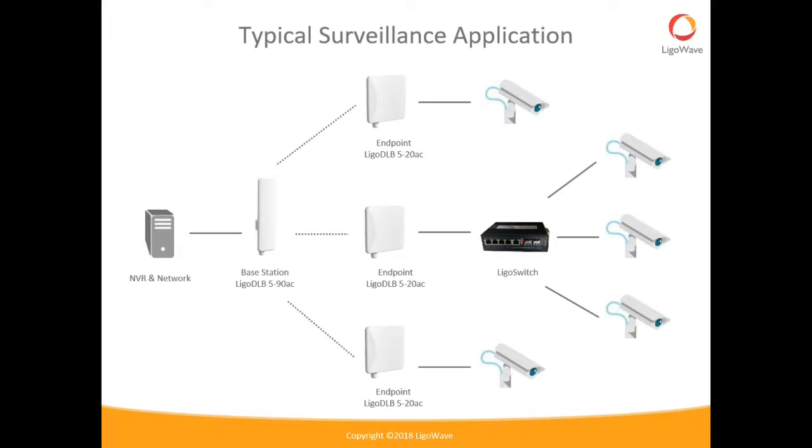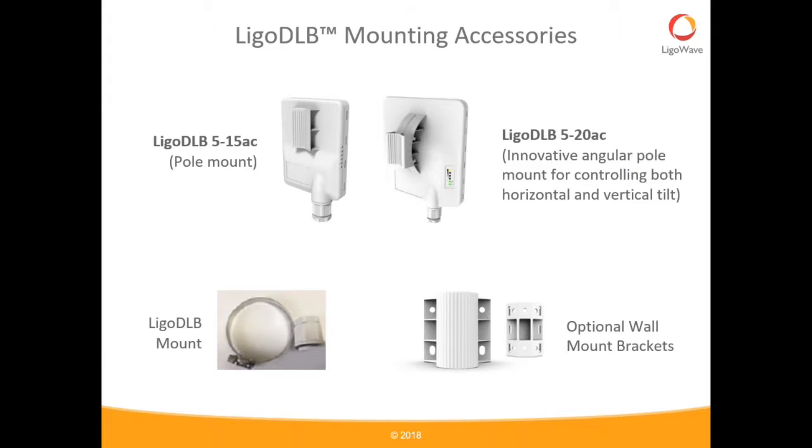Our protocol is TDMA based, but here in this example, you can see that link in the middle has 3 cameras on it, where the 2 on the ends each have 1 camera. Our system will dynamically adjust based on the bandwidth demand so that that center link gets more of the airtime, because it has more data to transmit.